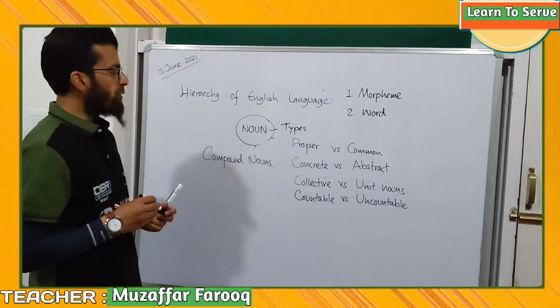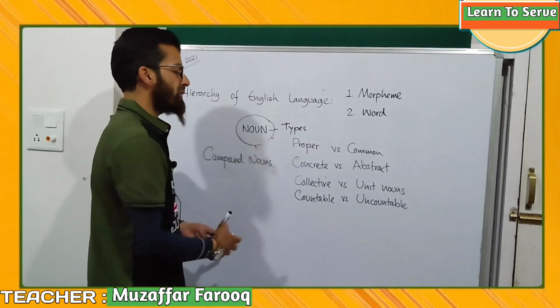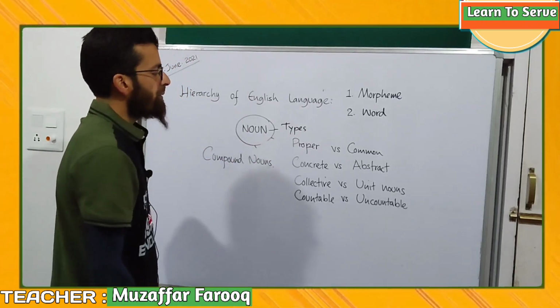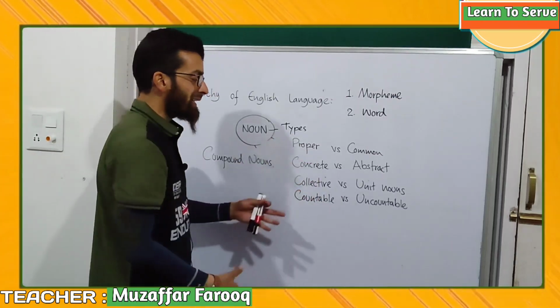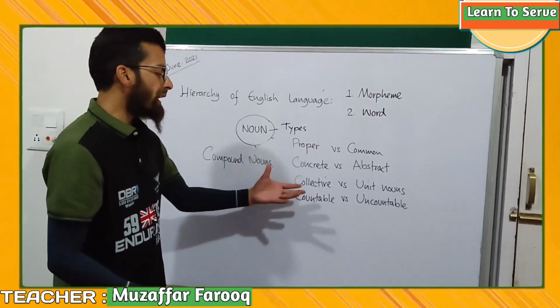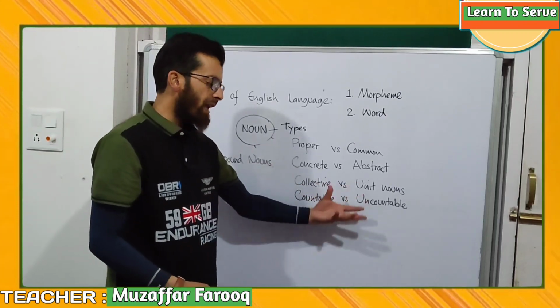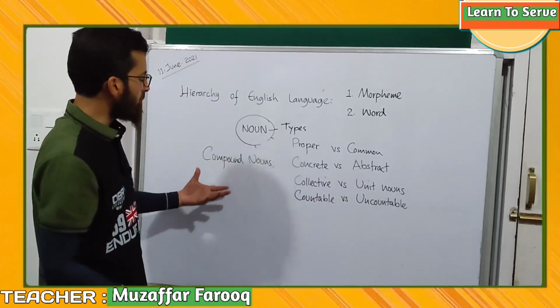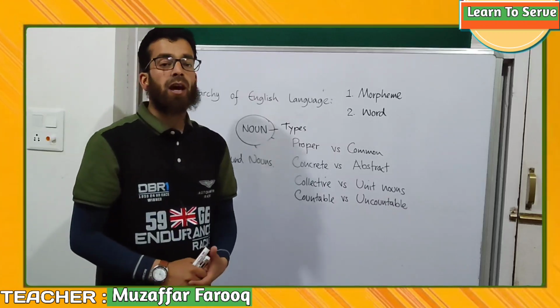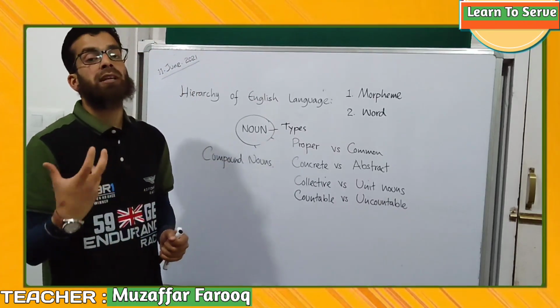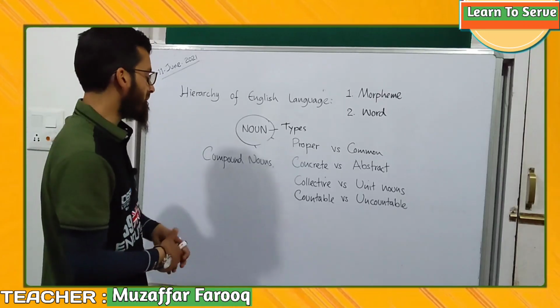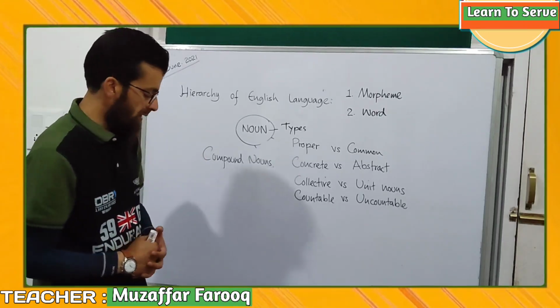So when we talk about types of nouns, we study proper nouns, common nouns, concrete nouns, abstract nouns, collective nouns, unit nouns, countable nouns and uncountable nouns, and also compound nouns. When nouns are made up of two or more than two words, they are generally called compound nouns.